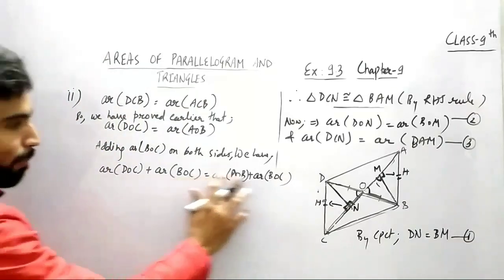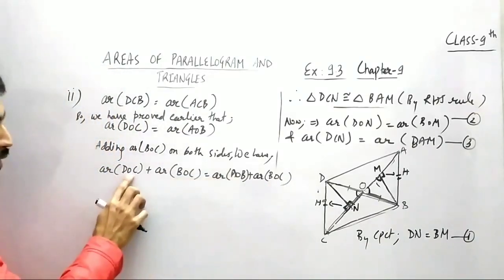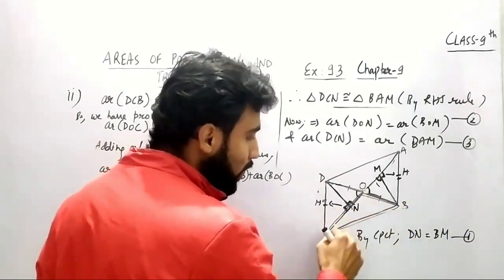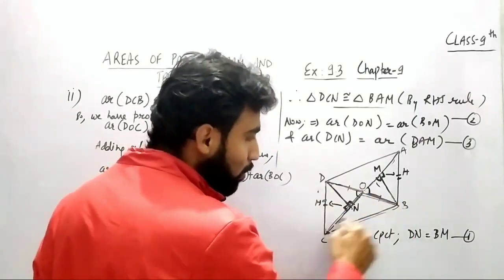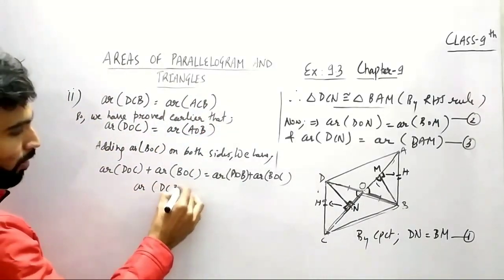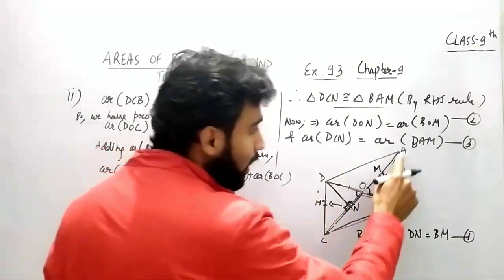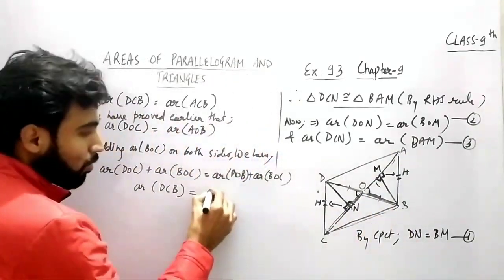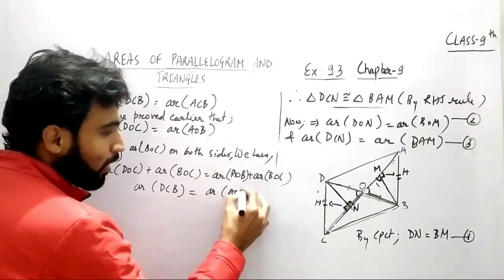So यहाँ पे दोनों साइड पे मैंने BOC ऐड कर दिया. Now you can see DOC plus BOC. As I have earlier told you that DOC plus BOC ये क्या बन जाएगा, DCB, this triangle, right? So that will form, you can see DCB, and on the right hand side you can see AOB plus BOC, that will form ACB. So let me just write down ACB at the place of this.